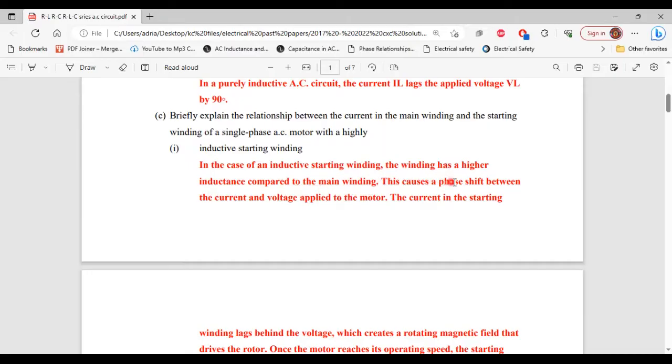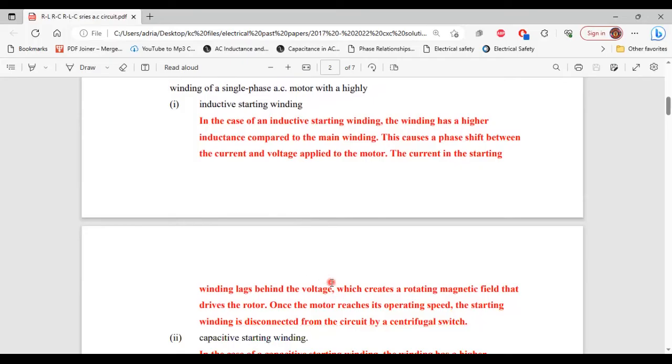This causes a phase shift between the current and voltage applied to the motor. The current in the starting winding lags behind the voltage, which creates a rotating magnetic field that drives the rotor. Once the motor reaches its operating speed, the starting winding is disconnected from the circuit by a centrifugal switch. All right, so that's it for part 1.